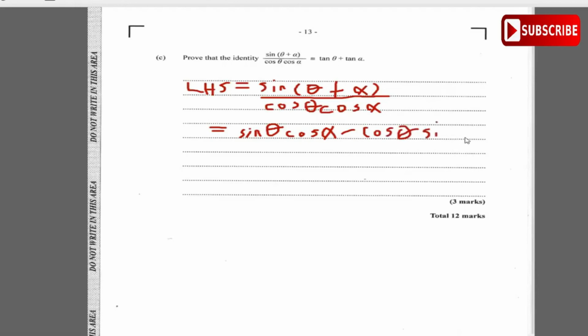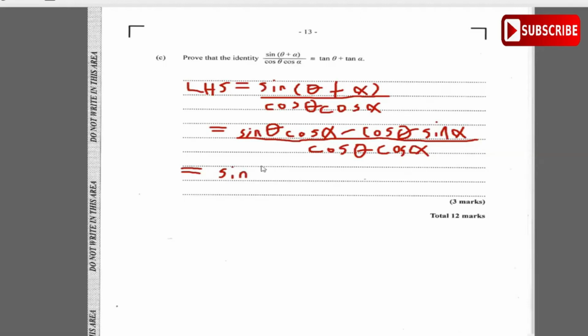And all of this is being divided by the cos of theta times the cos of alpha. Nice and easy. Now all we need to do is the division, so we can separate them.